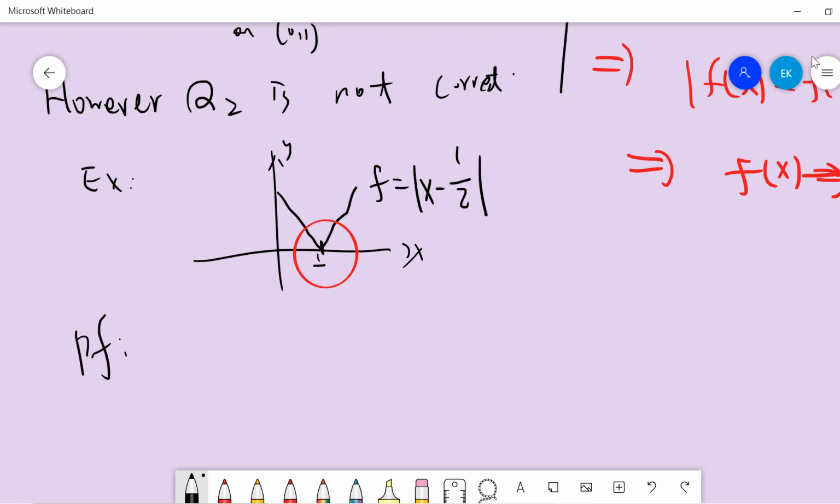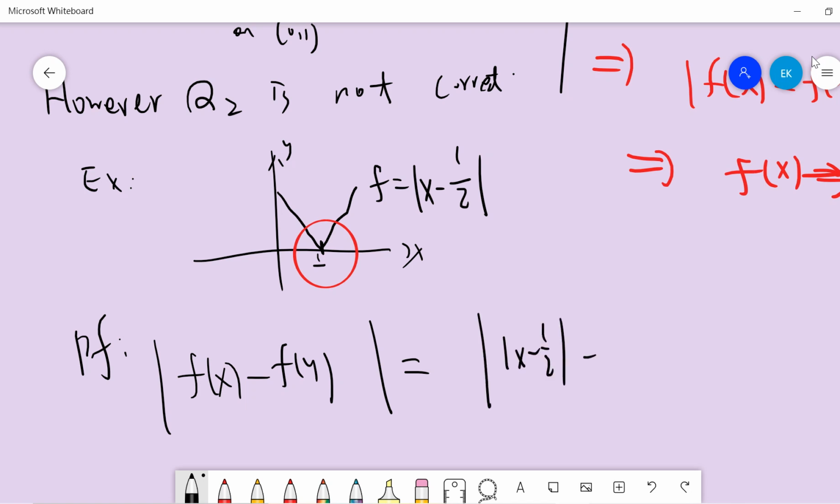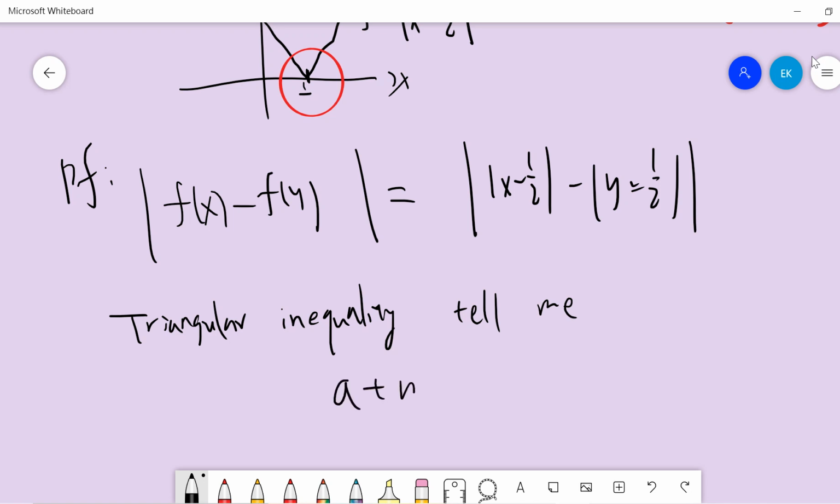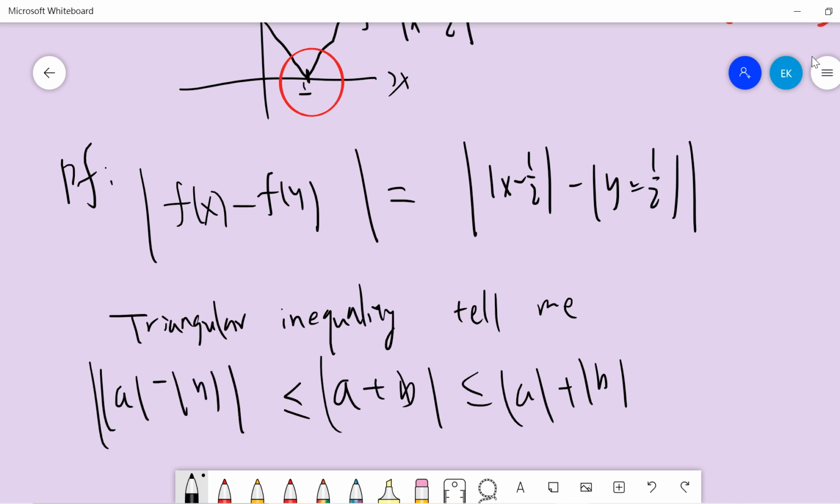So proof. f(x) minus f(y) is |x - 1/2| minus |y - 1/2|. Okay, so the triangle inequality tells you that if you give me any two real numbers, I have |a + b| smaller than |a| + |b|, and this is larger than this one, right?